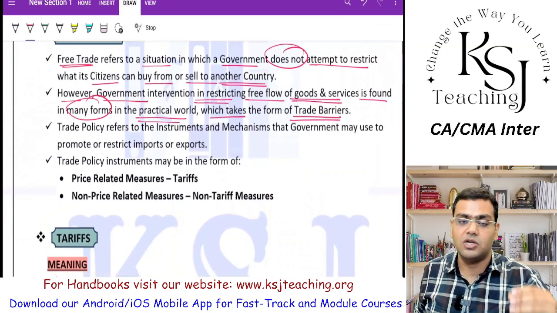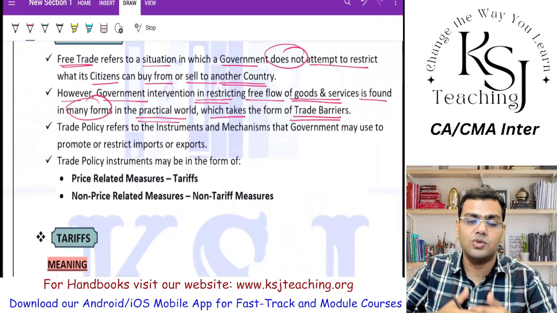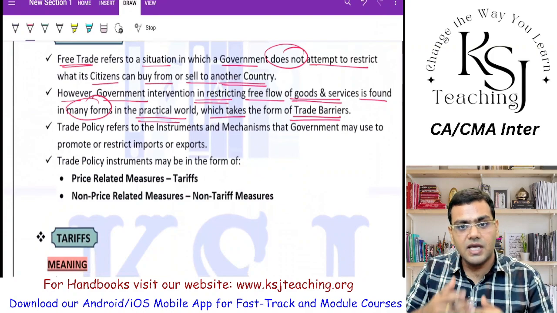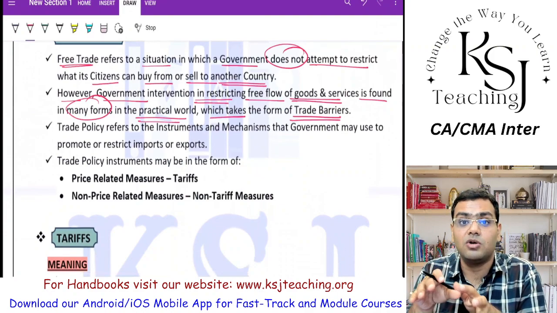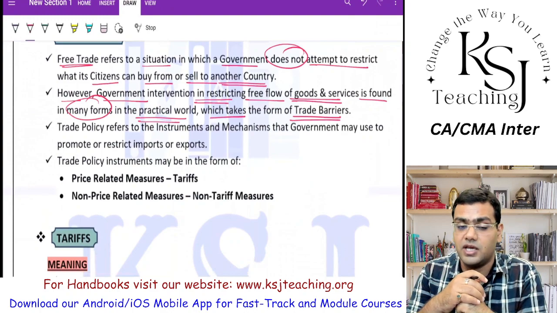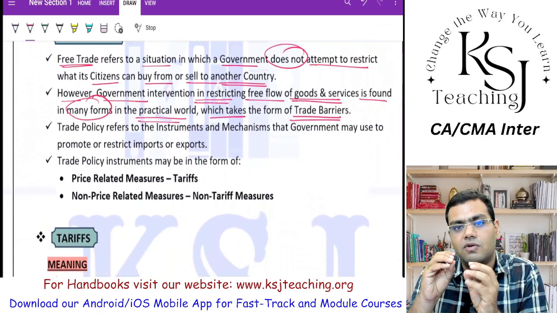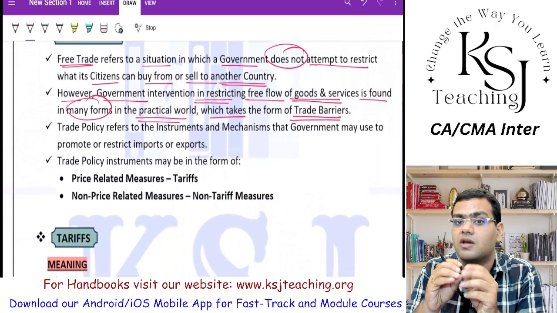If you give absolute freedom to a child, it will be harmful. So some sort of barriers will be set by the parents for their children, isn't it? The same is the situation here. He says if the citizens are given absolute freedom, then it will be harmful for the economy, for the nation. So some sort of, if not very high, but some sort of government intervention will be required.